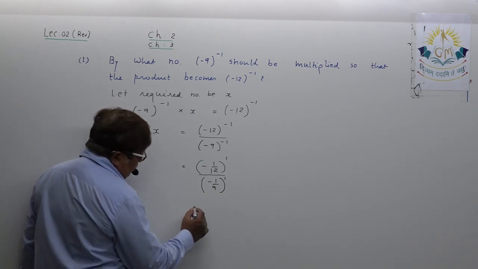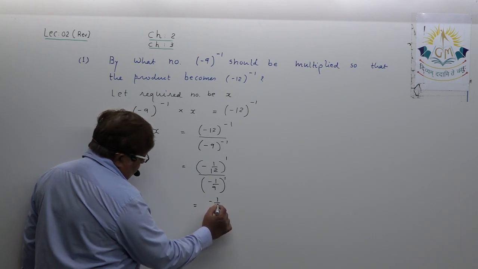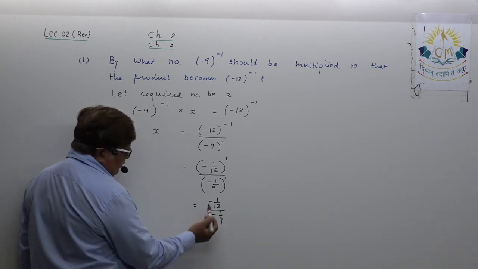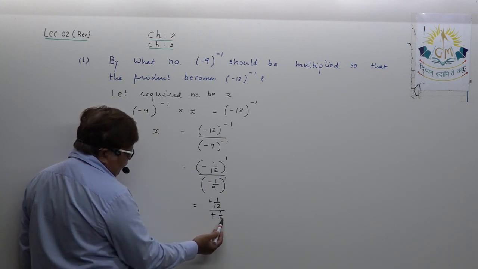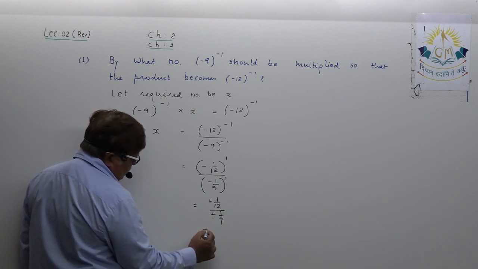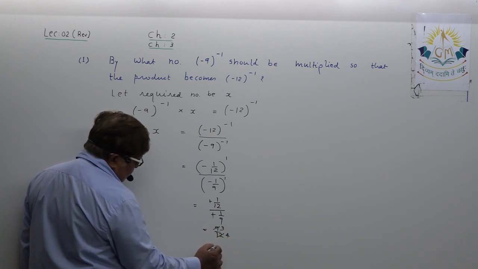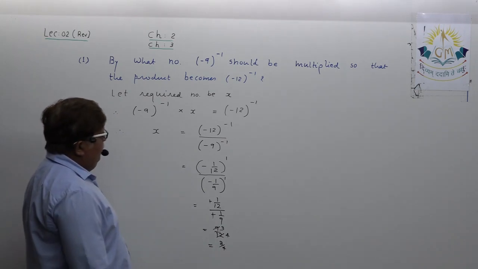So when raised to 1, simply it means you got minus 1 upon 12 upon minus 1 upon 9. Both minus cancel. As per the rule, 9 will multiply with 1, 9 ones are 9, 12 with 1. So we got 9 upon 12. 3 threes are 3, 3 fours are 12. So your final answer is 3 upon 4.